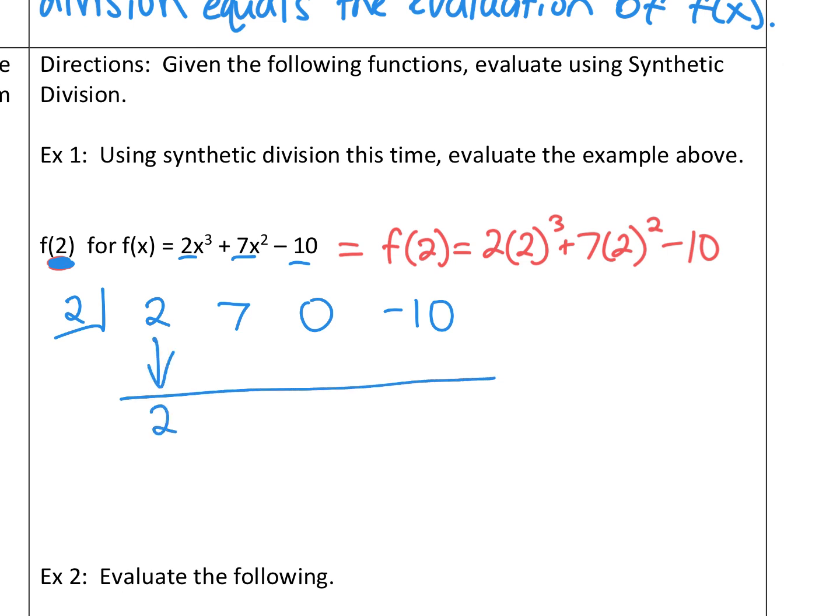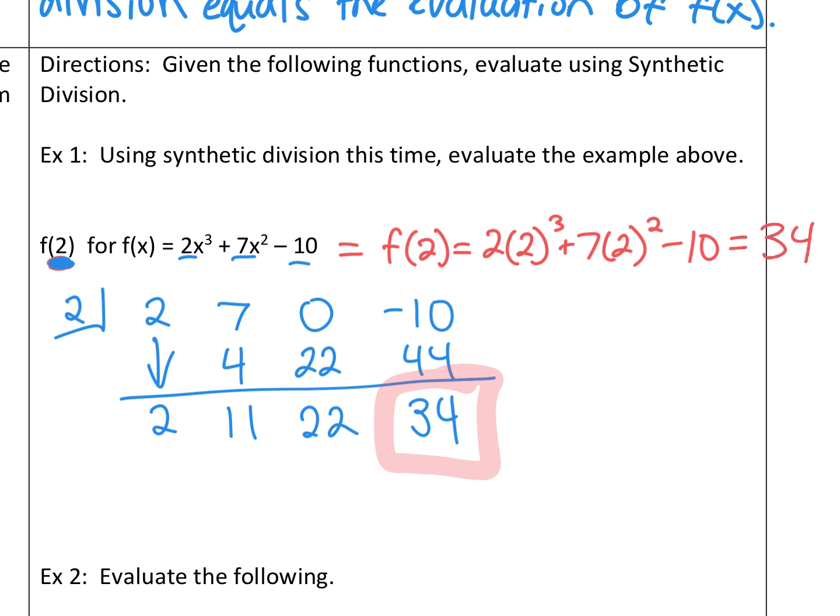Hop down the 2. 2 times the ledge. 2 times 2 is 4, 11, 22, 22. It's the same problem, I know. 22 times 2 is 44. And this gives me 34. So the answer to the evaluation, if you plugged it in your calculator, what we just wrote up top, should be 34 as well. These two things are always going to be equal.